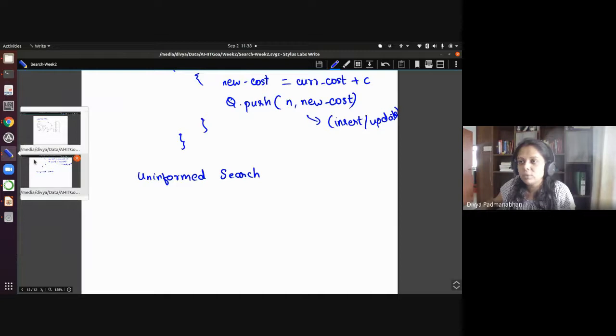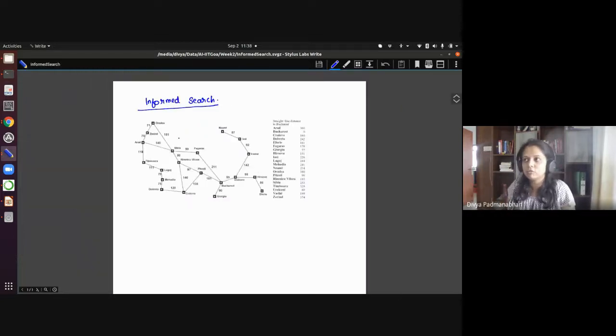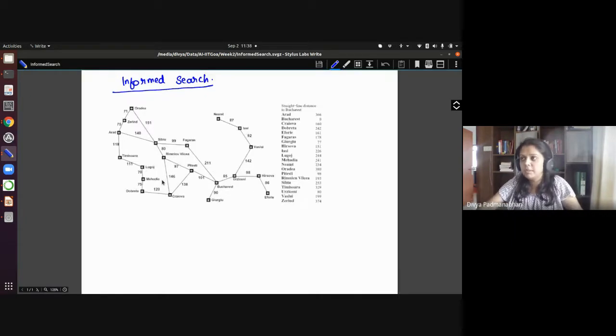And today what we're going to do is another set of methods which we call informed search. Here the idea is that suppose you have some more information about maybe how far you are from the goal state.